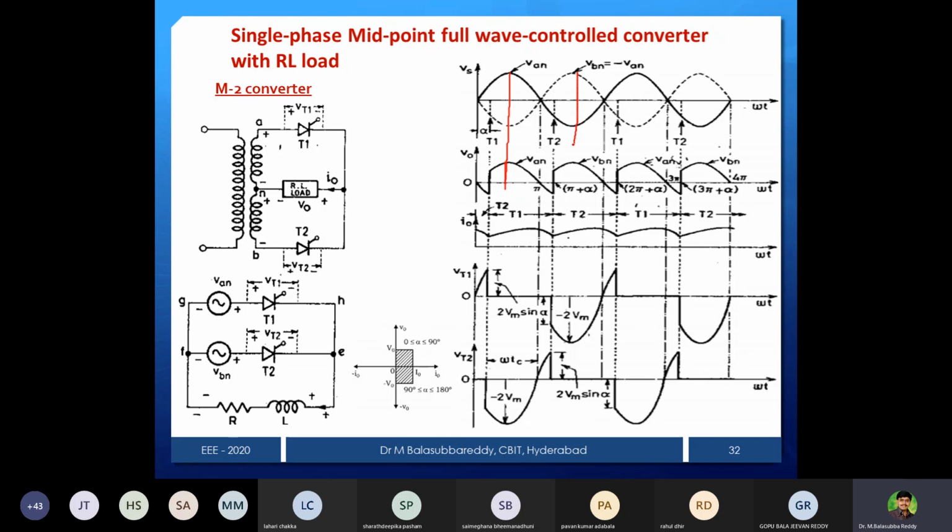If you put alpha as 90 degrees, the firing angle will be here. Then we start at this point and continue to conduct up to here, and we start here and continue to conduct up to here. That means this red line is your voltage waveform for alpha equal to 90 degrees.